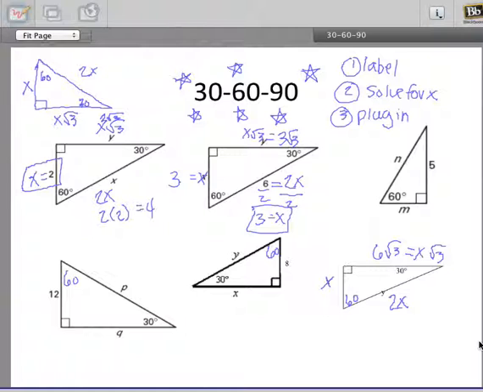Well, if 6 radical 3 equals x radical 3, then the x is 6. You can do this mathematically by dividing by radical 3 on both sides. It cancels, and you'll just be left with x equals 6. So if x equals 6, then you come back over here, you plug x in. 2 times 6 is 12.